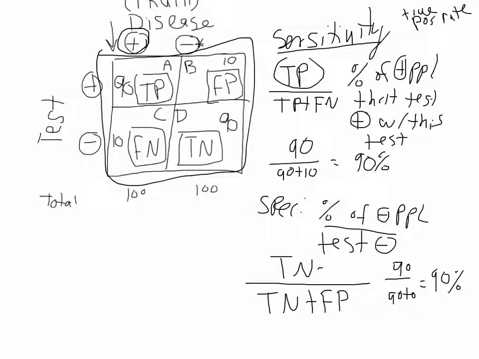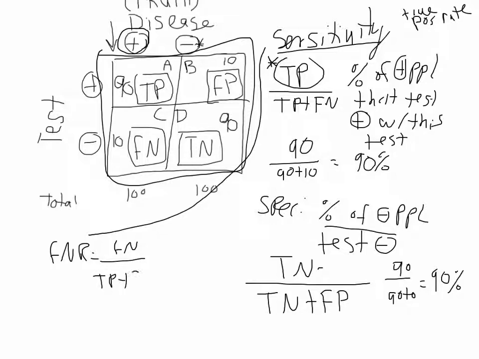Now the correlation with that: sensitivity has a correlate called the false negative rate. So sensitivity is known as the true positive rate, right? And then the correlate of that is the false negative rate. False negative rate is equal to false negatives over true positives plus false negatives.